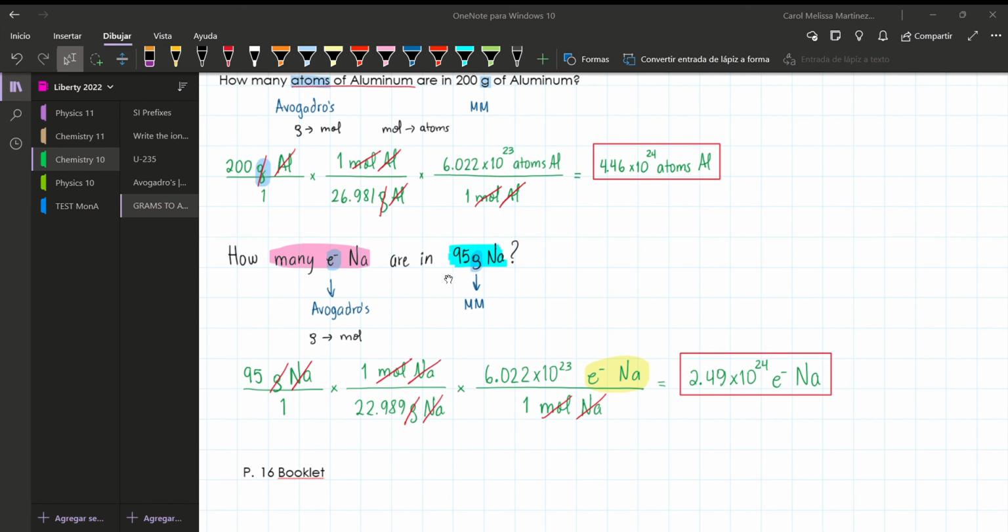Wait a second, I'm looking for page 16 here so I can project the exercise in case you don't have the booklet with you at this moment. Yeah, the exercise is exercise 11.